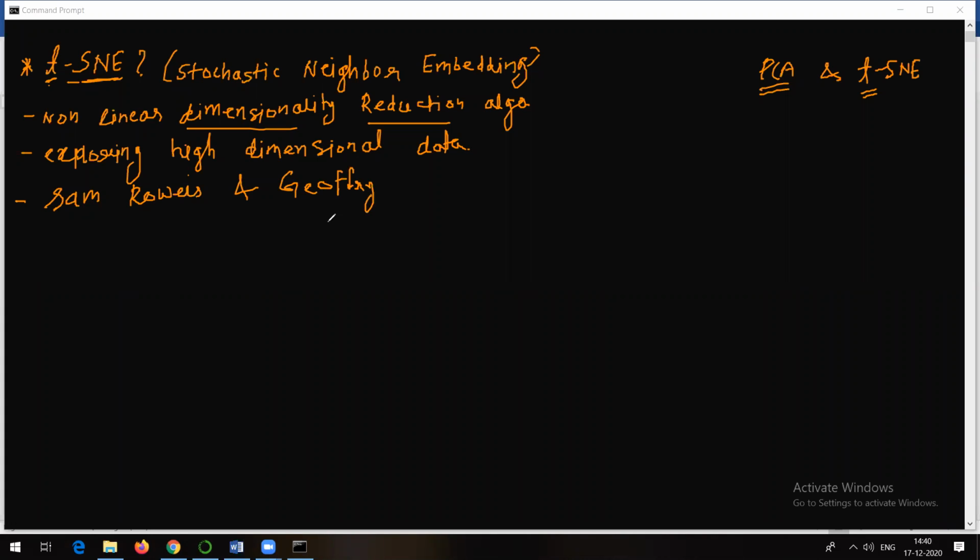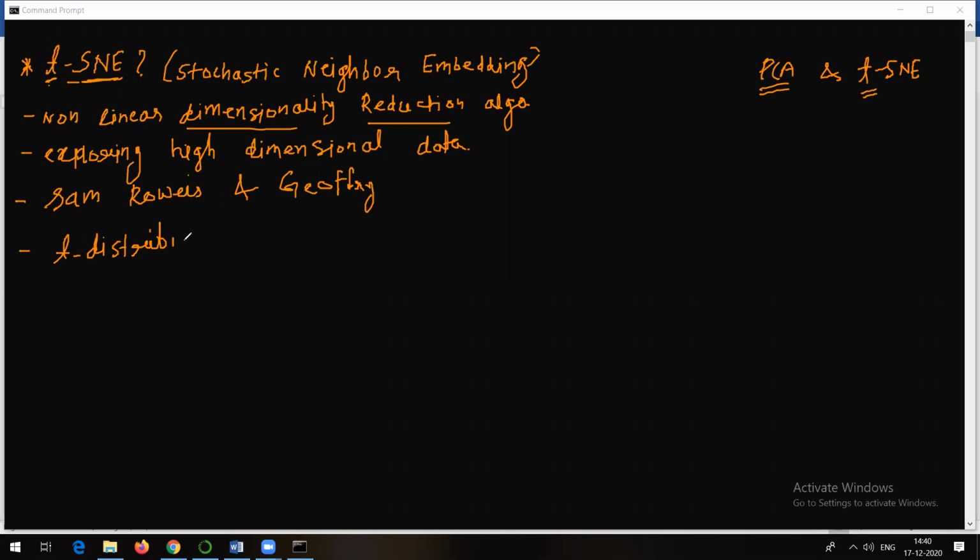These are the two people who came up with the idea of stochastic neighbor embedding, and based on that this algorithm exists. And there is one more person who proposed the t-distributed variant.